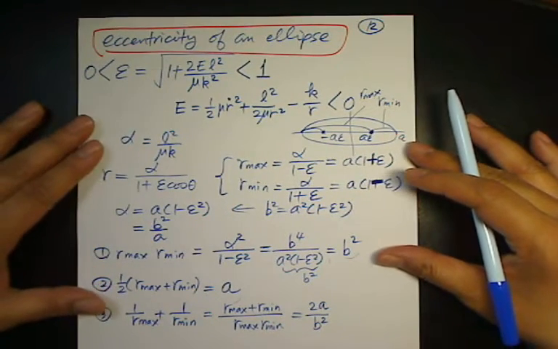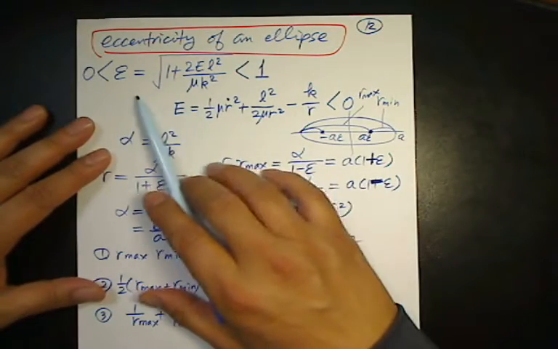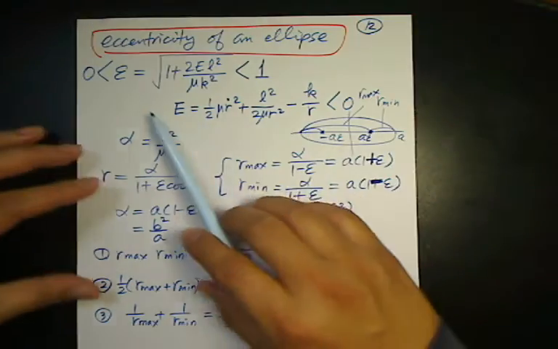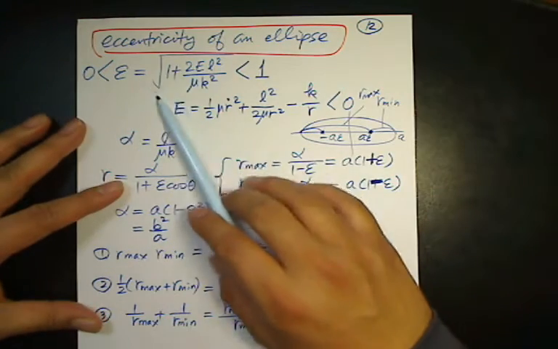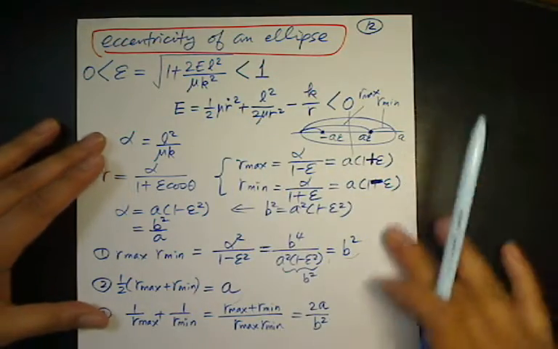Let us consider the eccentricity of the ellipse. In all cases of conic section, eccentricity is the square root of 1 plus 2EL squared over mu k squared.